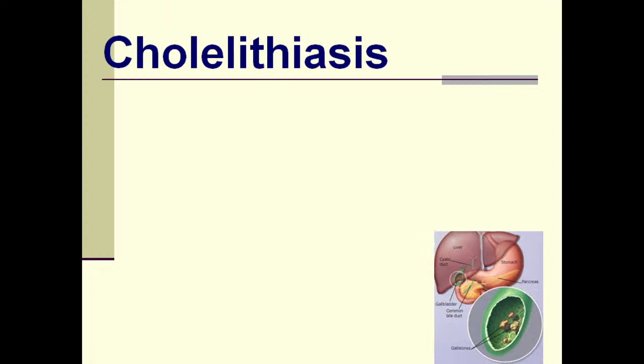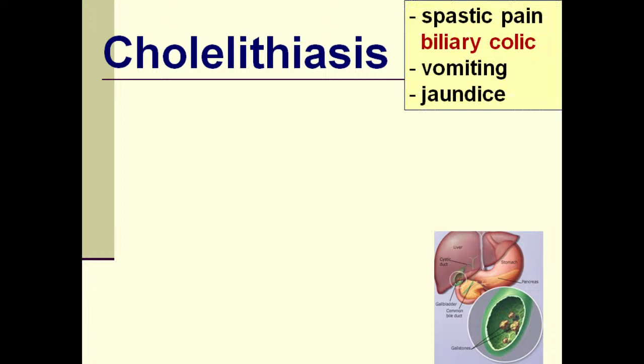Cholelithiasis is a metabolic disease characterized by formation of stones in the gallbladder. For a long time, the disease may be latent, and doctor and patient are not aware of it. Manifestation is accompanied with severe spastic pain, biliary colic, when the stone moves and closes the gallbladder or bile duct.